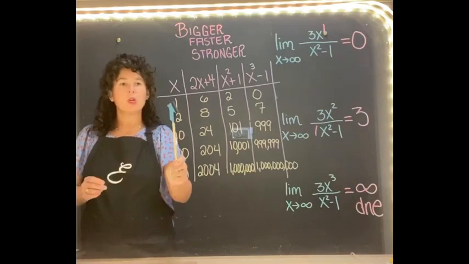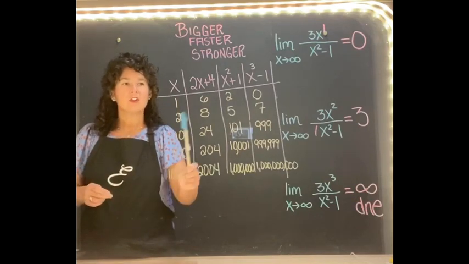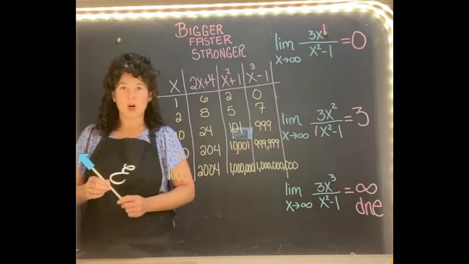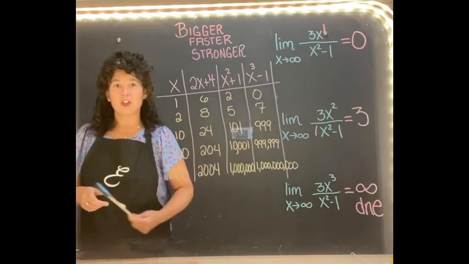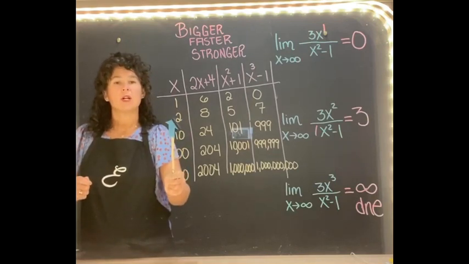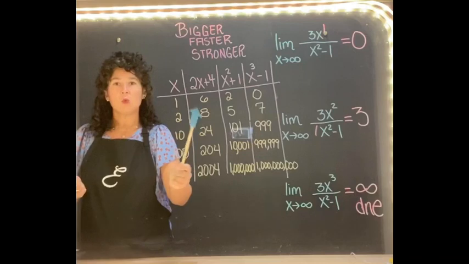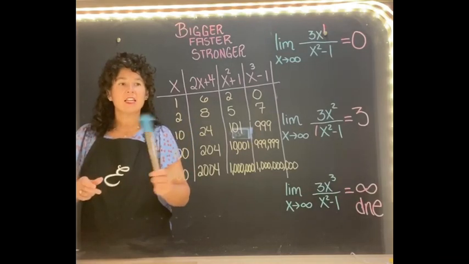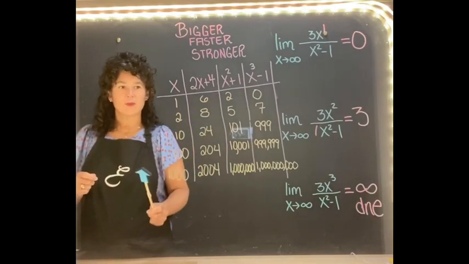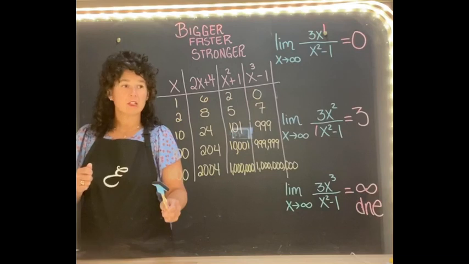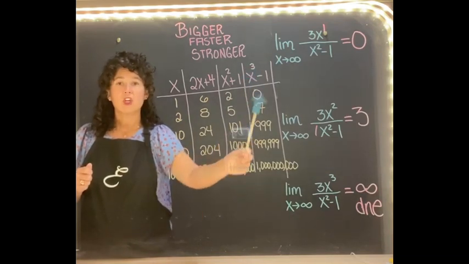At first, when we only substitute 1, notice the answer to the linear function 2x plus 4 is the largest value here. And when I substitute a number that's a little bit bigger, our linear one still has the largest answer.